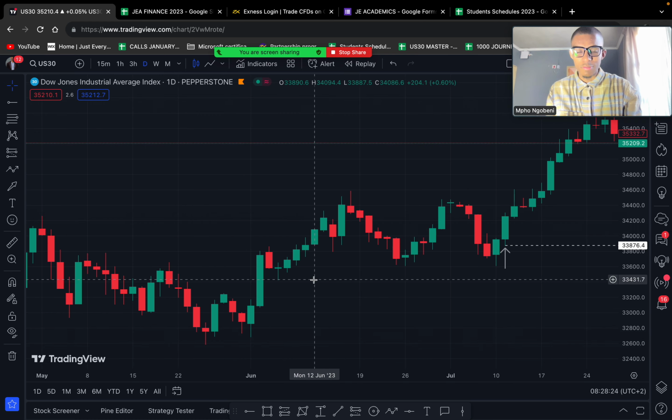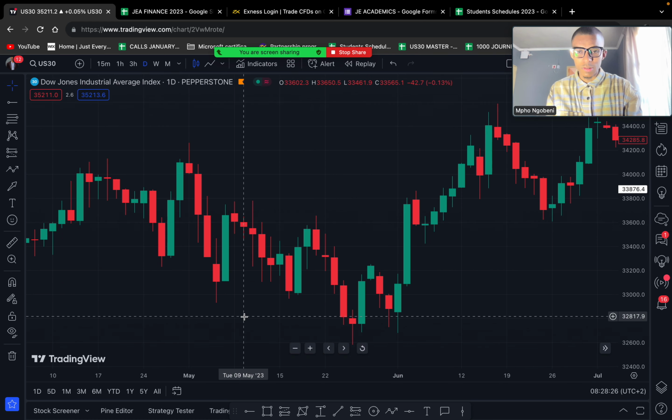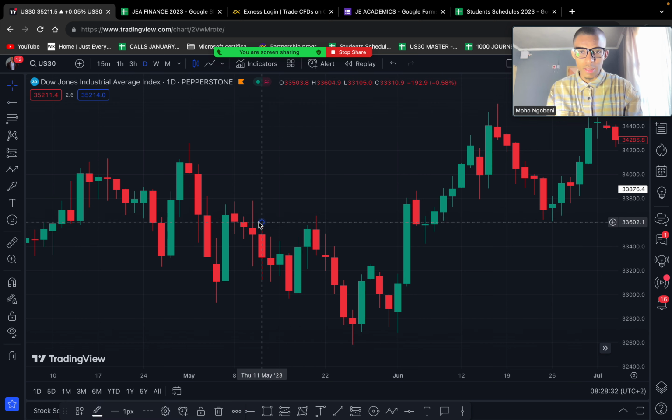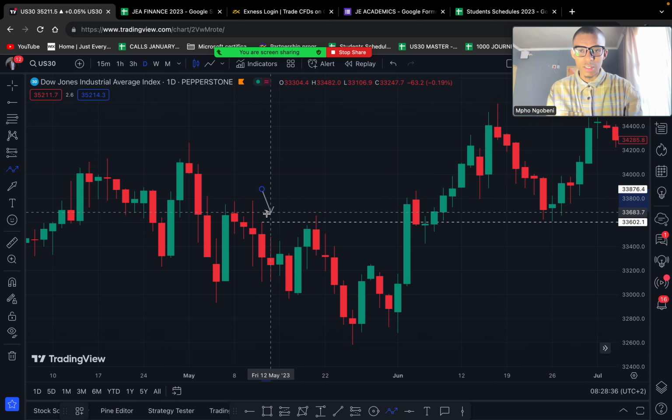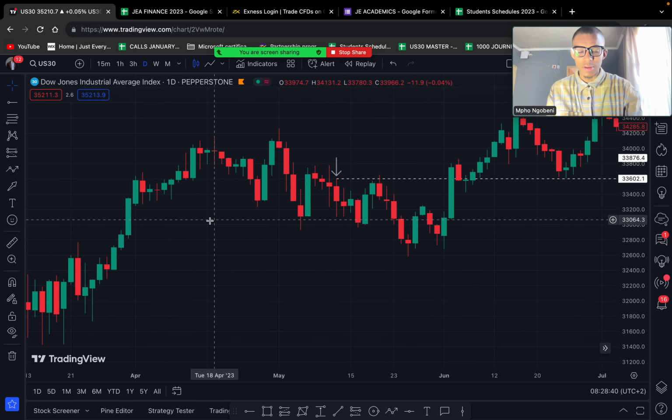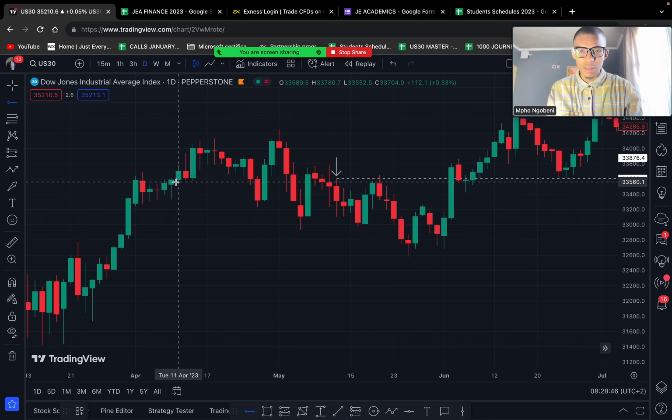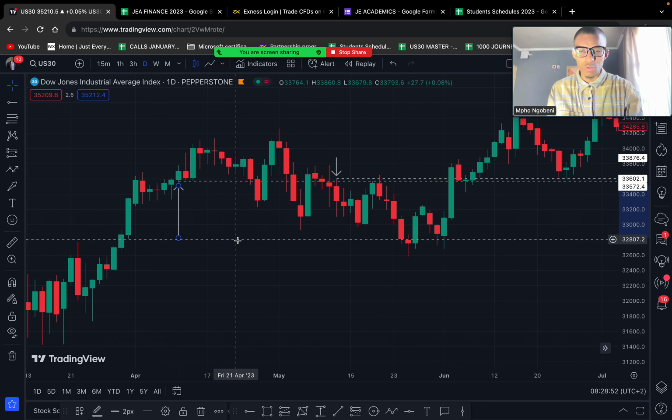Okay, there is no 11 here, so let me go. Okay, another 11 is there. As I said, I'm going to mark it with a ray plus an arrow to show you the 11th. Let's check one last one. Okay, another one is there. I'm going to do it with a ray and also an arrow just to show you which one it is.